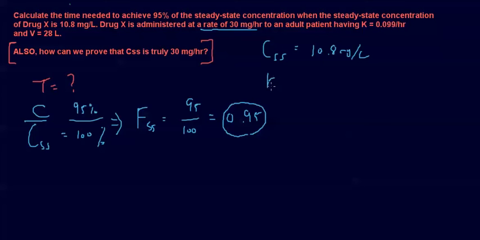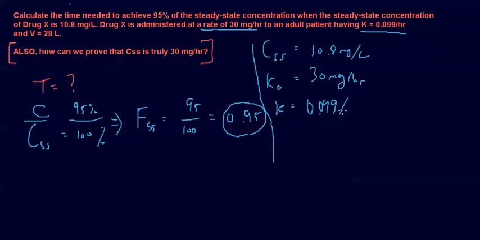So we know K0 is 30 mg per hour. We know the adult patient has a K of 0.099 per hour and a V of 28 liters.